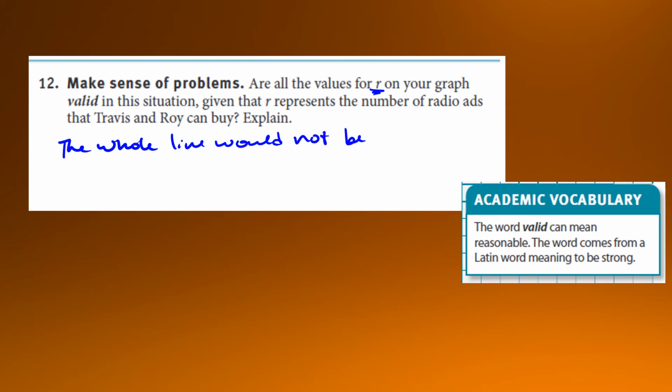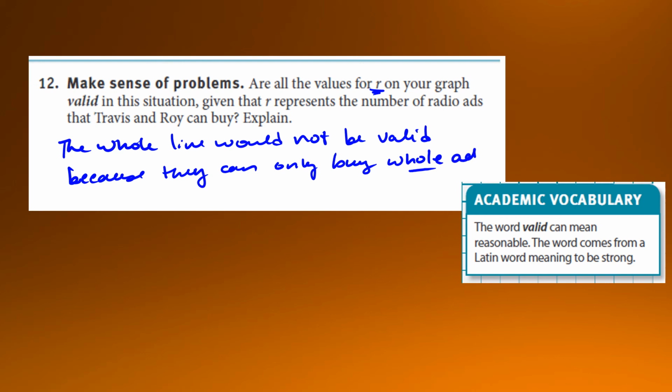Can you think of why? Because they can only buy whole ads, not any decimals or fractions, not partial ads. So it wouldn't really be continuous. It would only be on those whole number values.